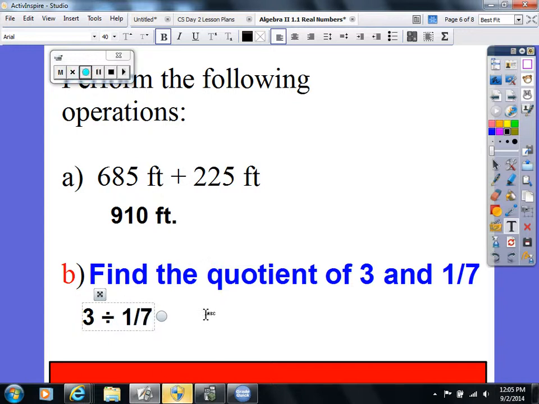That way I can see what you're thinking. If you put the symbol divide, then I know you understand quotient means divide. The way we divide with fractions is we multiply by the reciprocal, which means we flip that second number. So we're going to have 3 times 7, which in this case is 21. Well, that concludes our lesson.